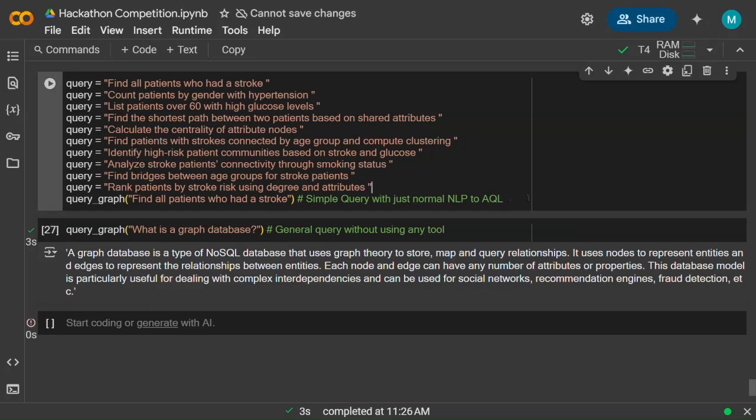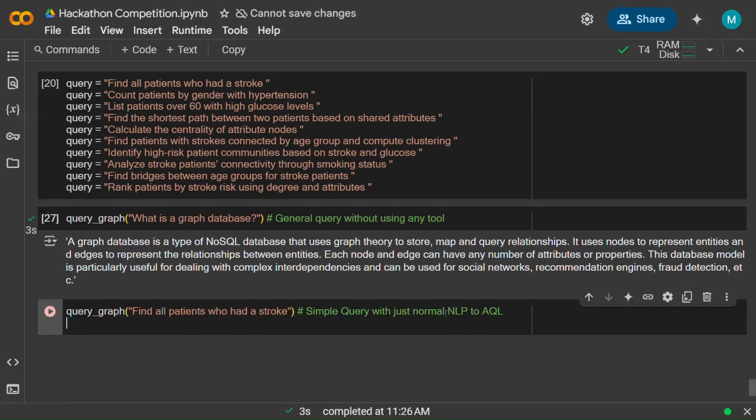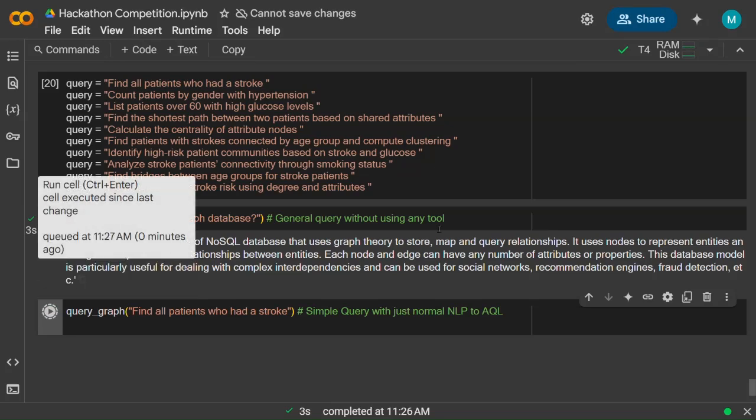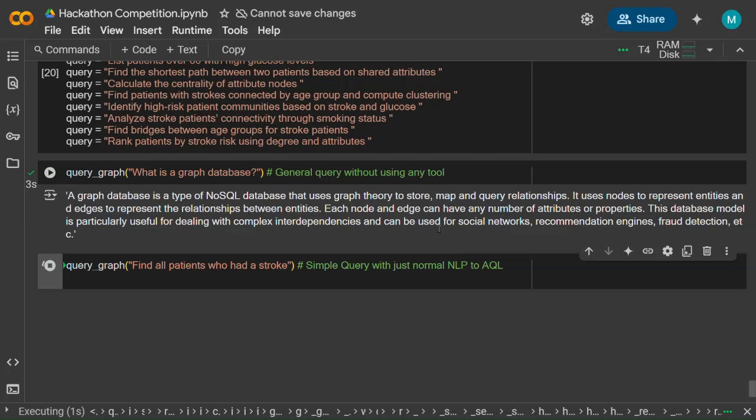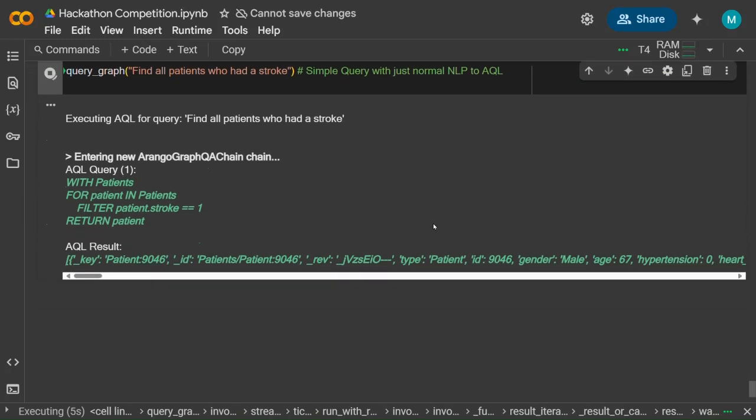Now let's see a normal NLP to AQL question. Find all patients who had a stroke. Excluding AQL.